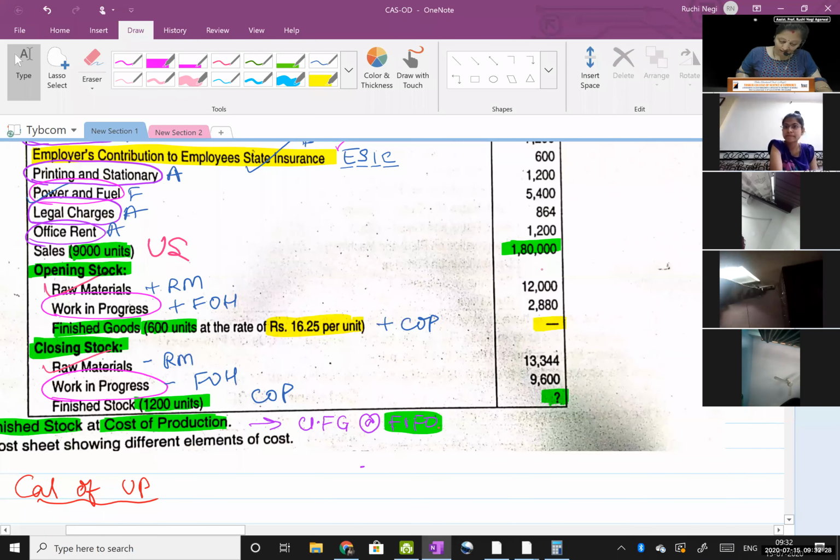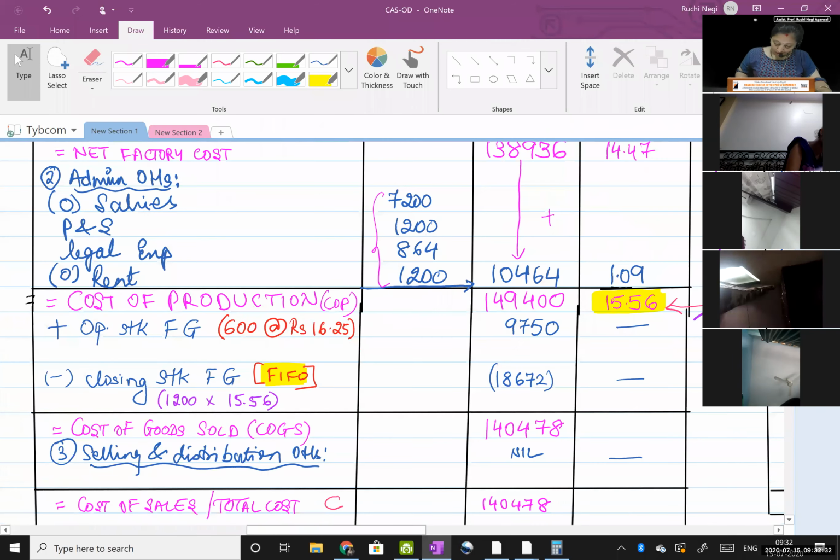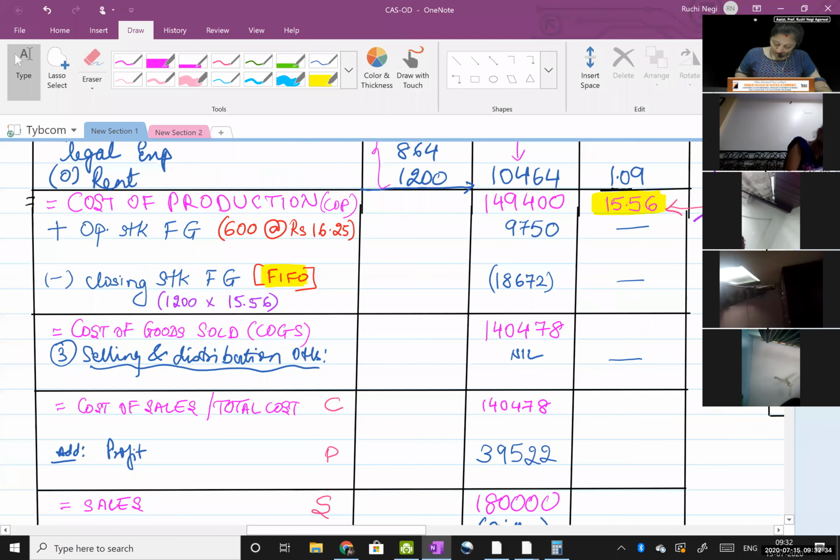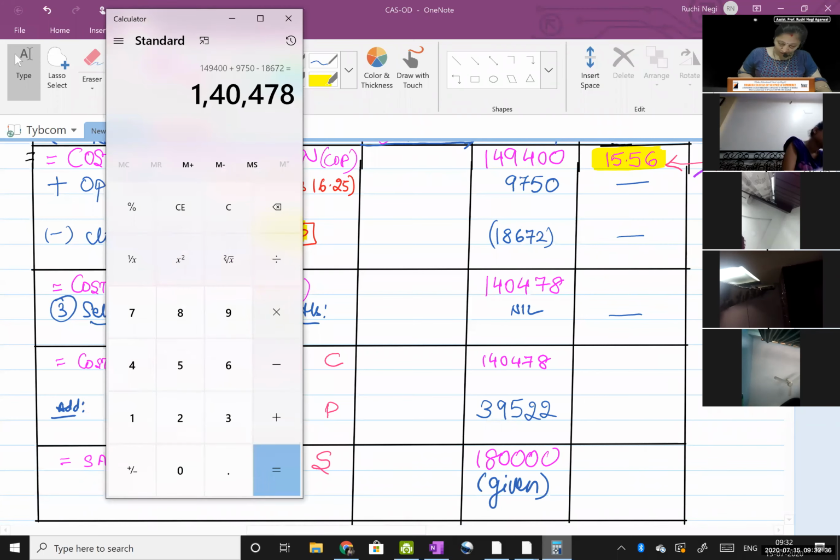See, 1,80,000 sales. So we know selling price minus cost price is what? Profit. So take it down. This is my cost price 1,44,778, total cost, that is also known as cost price, minus 1,80,000. So my profit is 39,522.